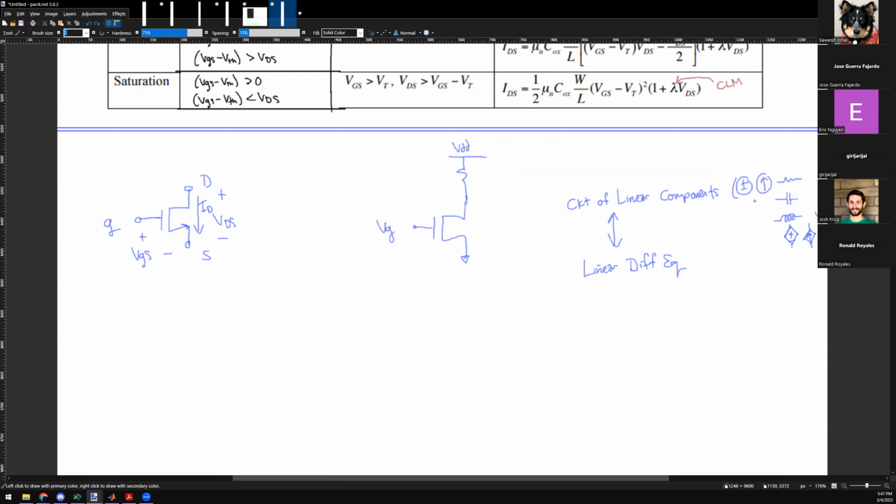Okay. So I know that a linear circuit will always give me linear differential equations, and linear differential equations can give me access to frequency domain analysis, system analysis. And my goal is to get here.